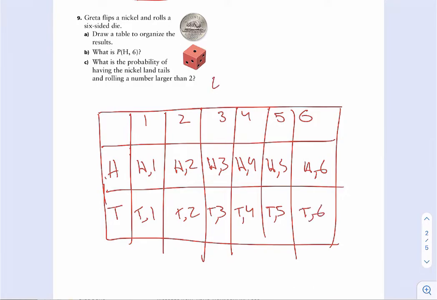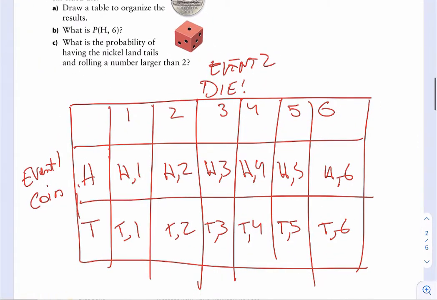Okay, now I need to label it. So this time I'm going to put event 2 up here, the die. And then event 1, the coin. Okay, again, it doesn't matter which side you put it on. Just put it on A side, and away you go.